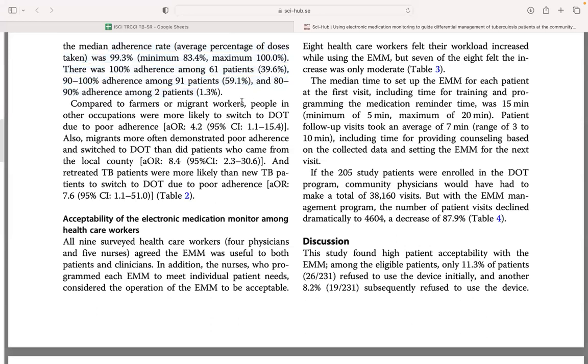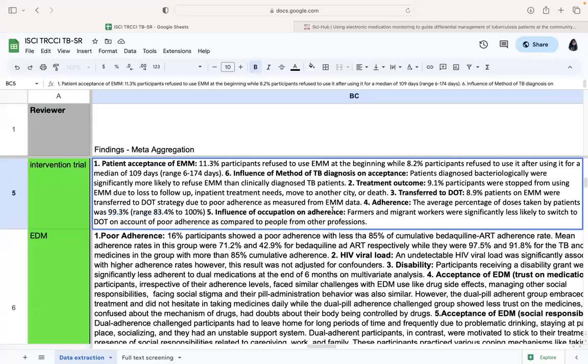All right, coming to the next sentence. Compared to farmers or migrant workers, people in other occupations were more likely to switch to DOT due to poor adherence. See, so basically what the sentence means is farmers and migrant workers have better adherence. So that's what I'll be writing. I'll be rewriting this sentence. It's not exactly conveying the meaning.